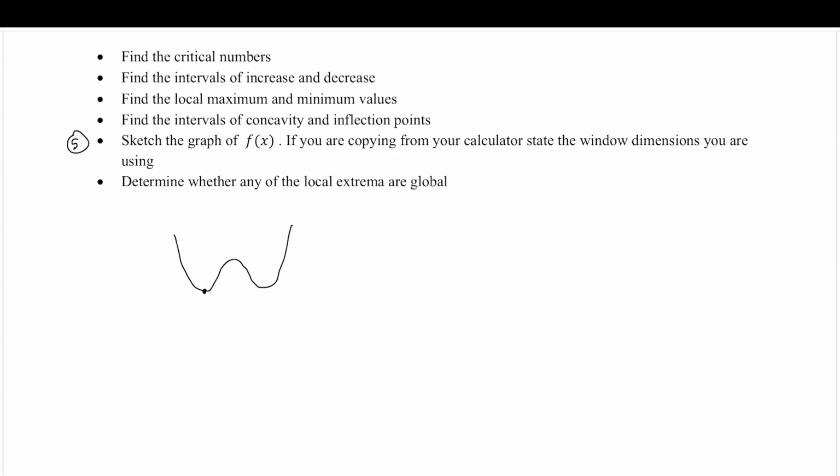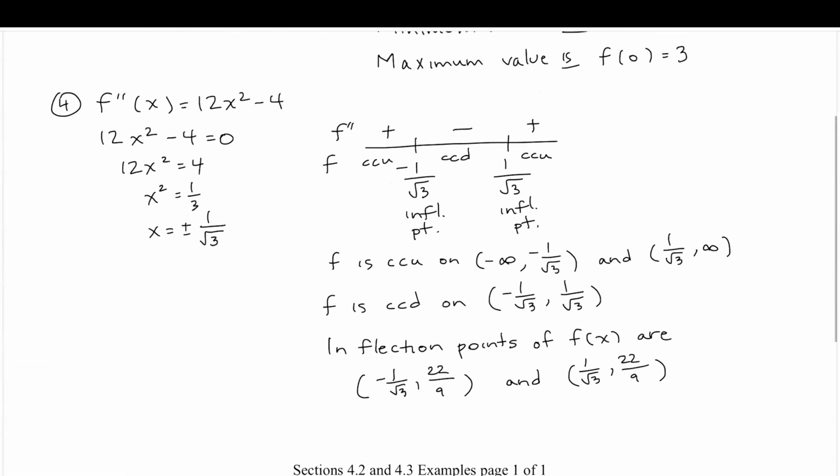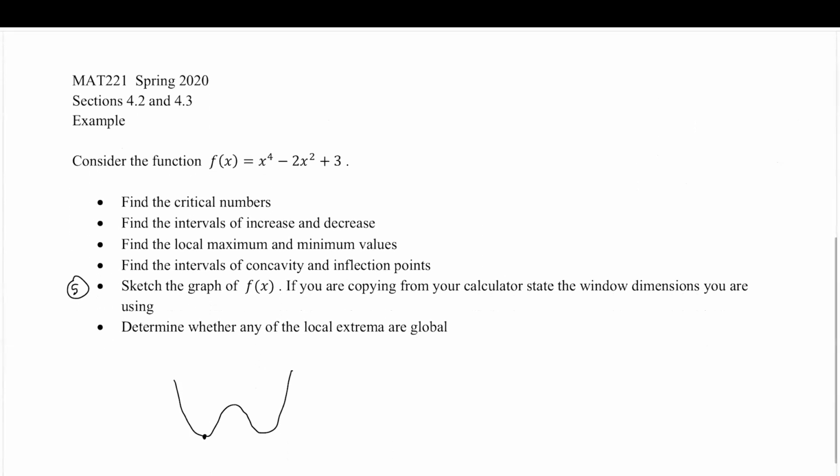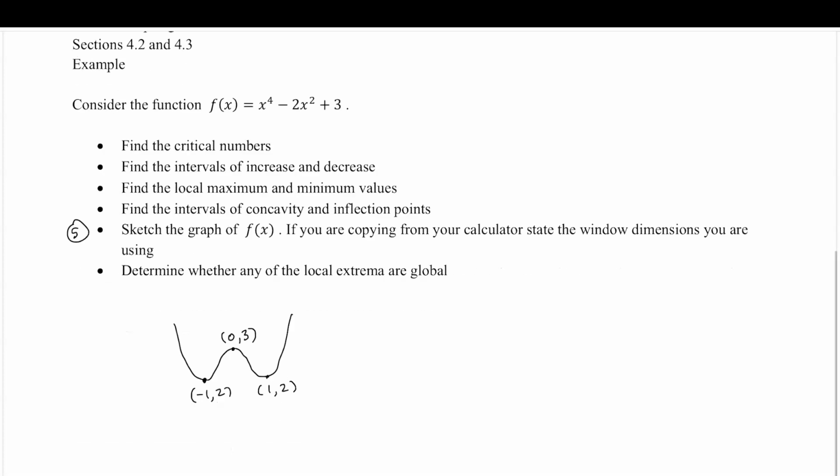This is a point, according to what I did earlier, the minimum value at negative 1, 2. And this is a point at positive 1, 2. And this is a point at 0, 3.